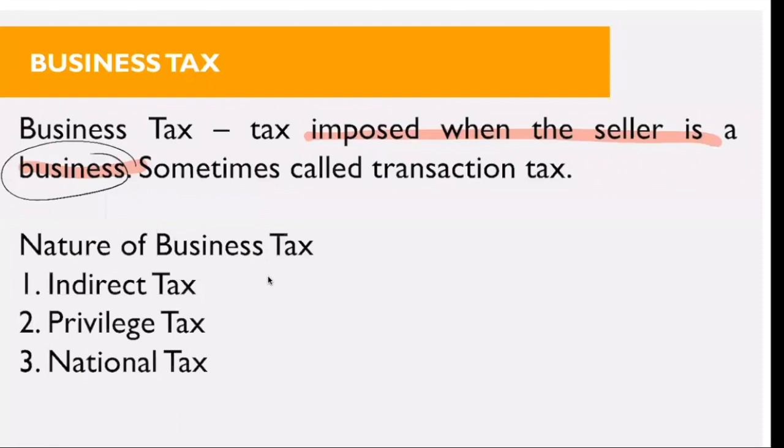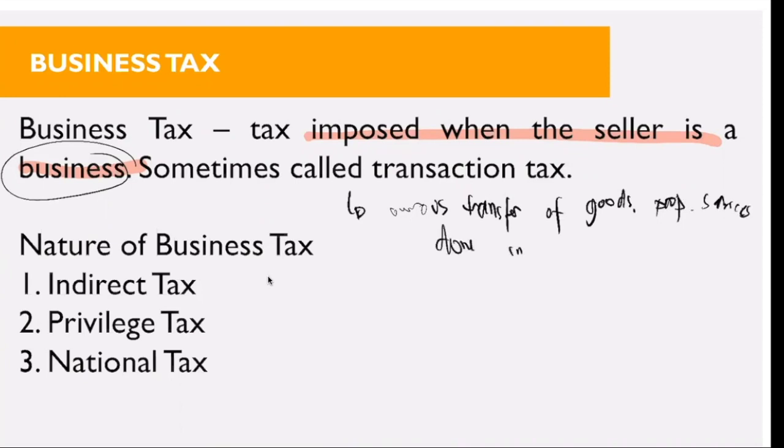So a business tax is also an excise tax imposed on your onerous transfer. So we go back to our definition a while back. So we have a business tax because of your onerous transfer of goods, properties, or services done in the course of business.